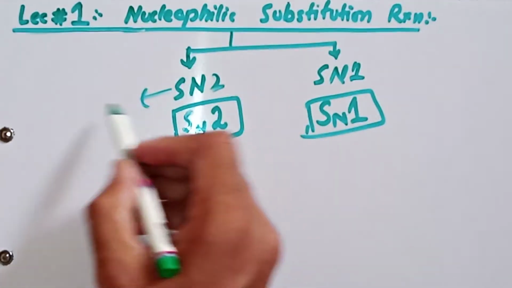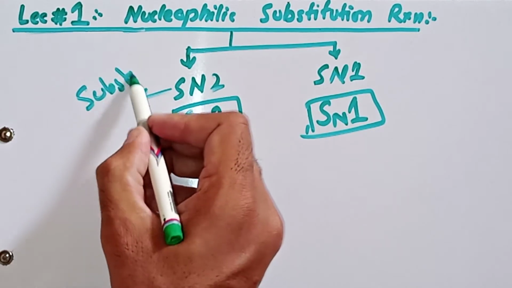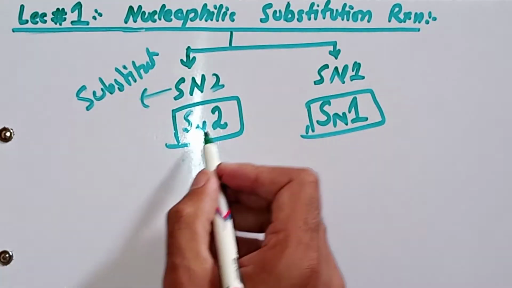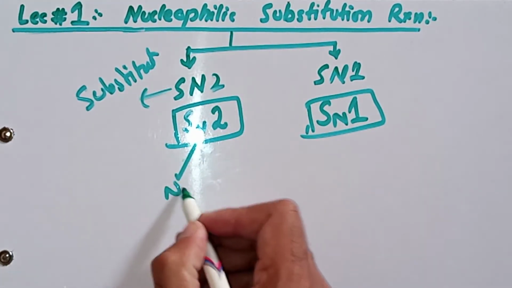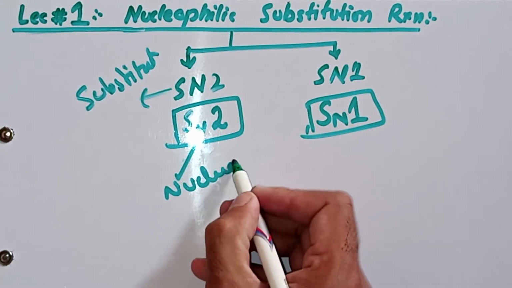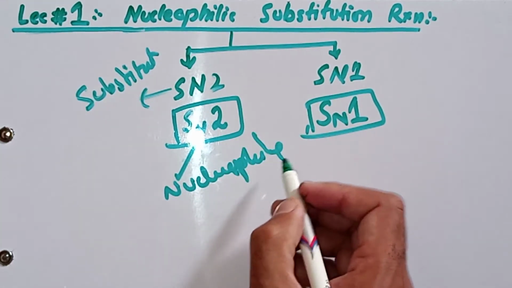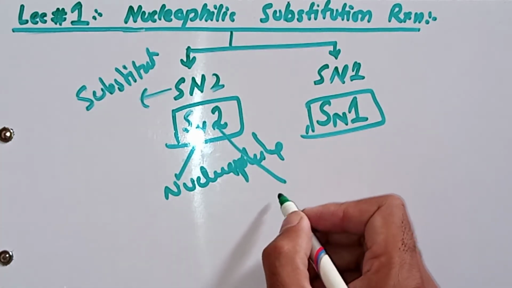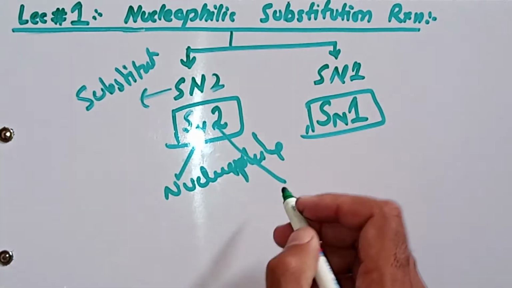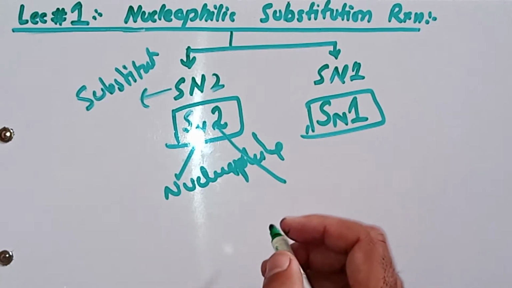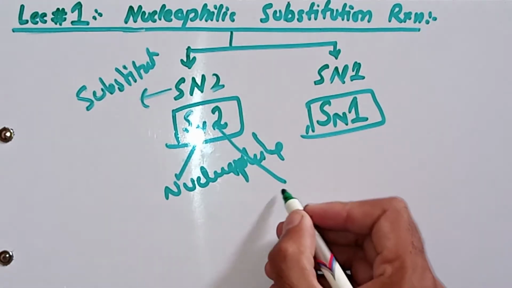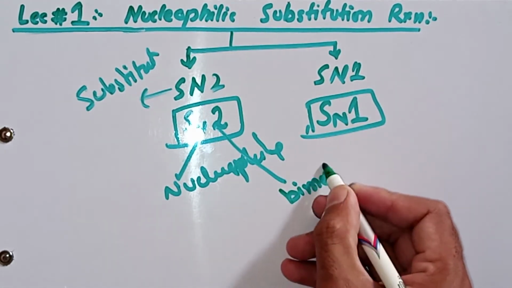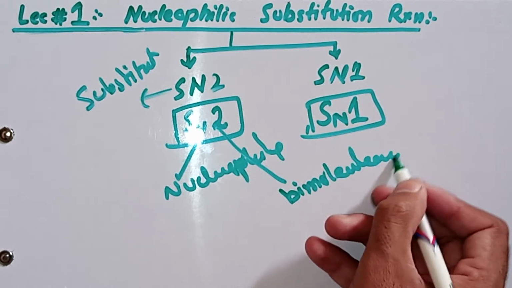S is used for substitution, N is used for nucleophilic, while 2 is used for second order, bimolecular.